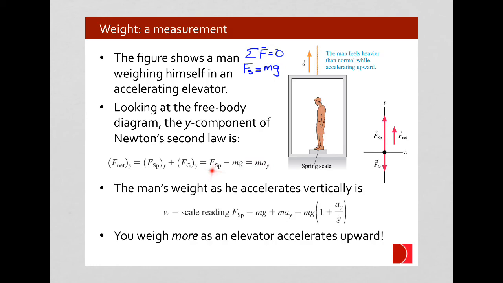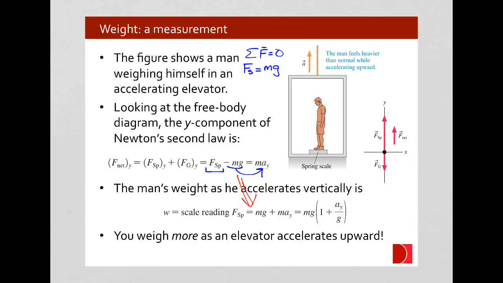And so if the scale is giving us a number based on the force applied to the springs, then we can move gravity over, which gives us this relationship, where the force of the spring is the weight, or the gravitational force on the person, plus the component for the upward acceleration. And we see that the weight of the person or of the object would be mg plus m a_y, or mg times 1 plus the acceleration in the y direction divided by gravity.